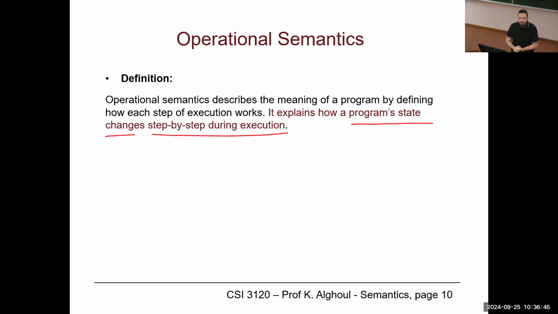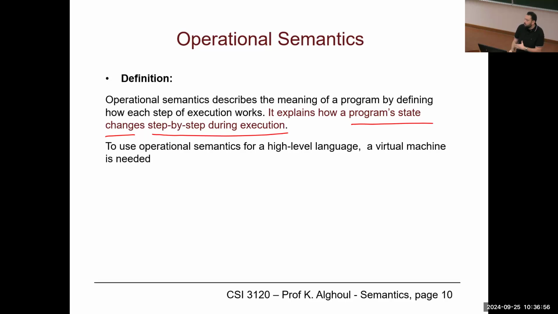Now, because it's a step by step thing, it's going to be a bit hard to do on actual machine code or hardware. We're going to see why. So usually, the most popular approach for the operational semantics is to use a virtual machine.